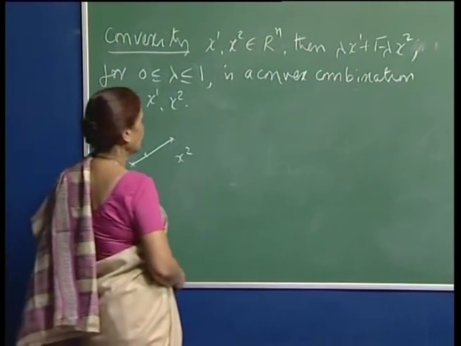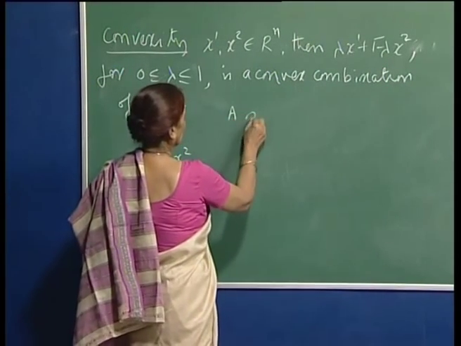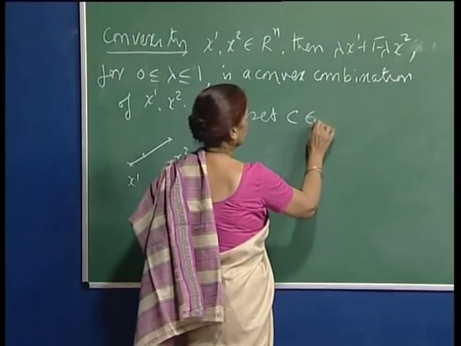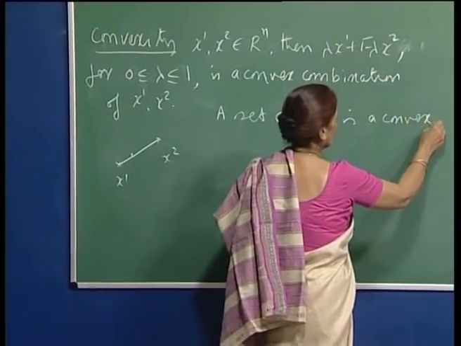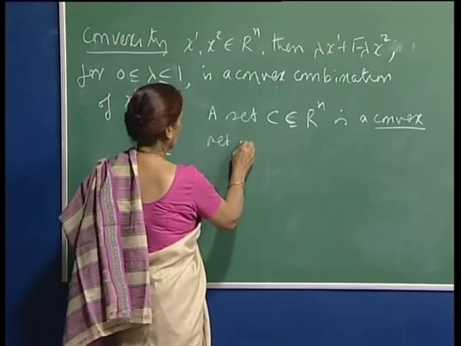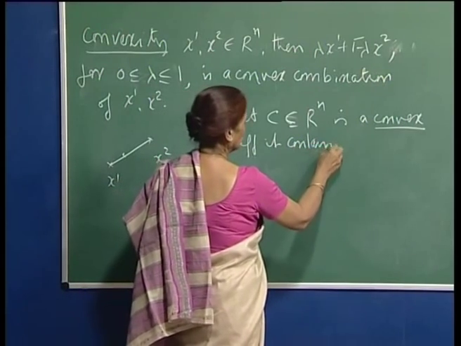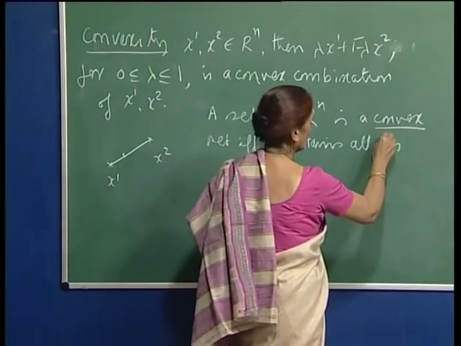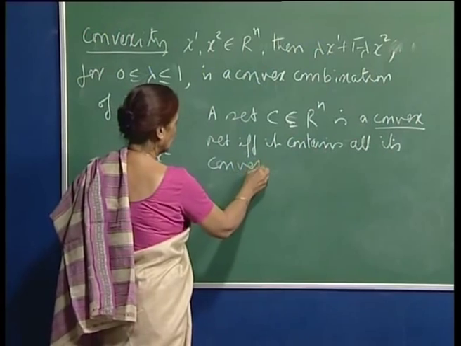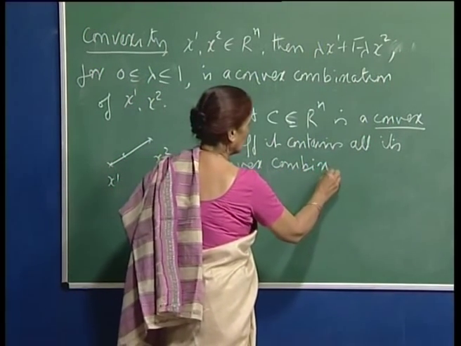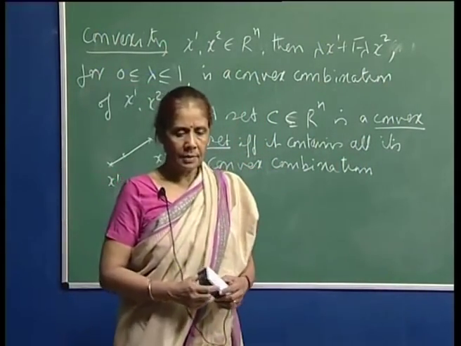Now we can immediately define a convex set. A set C in Rn is a convex set if and only if it contains all its convex combinations.